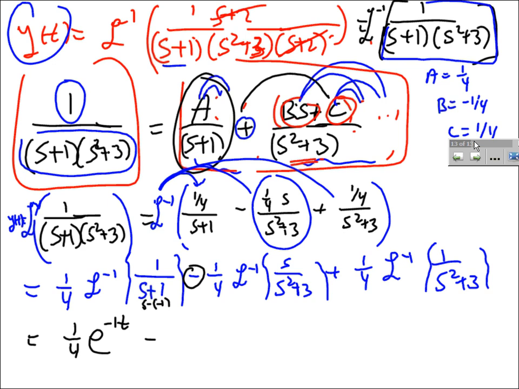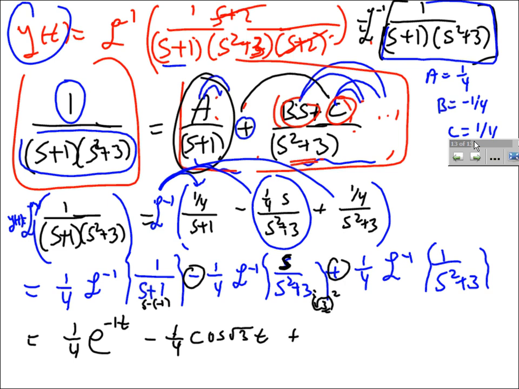Now, keep in mind that that 3 is the square root of 3 squared. So k is square root of 3. And when you have s on top and s squared plus k squared in the bottom, and it's a Laplace inverse, well, since this starts with s, we're going to go 1 quarter the cosine of kt.